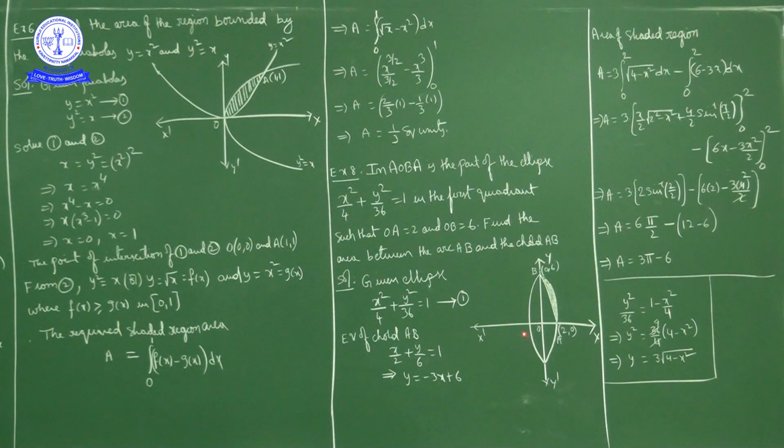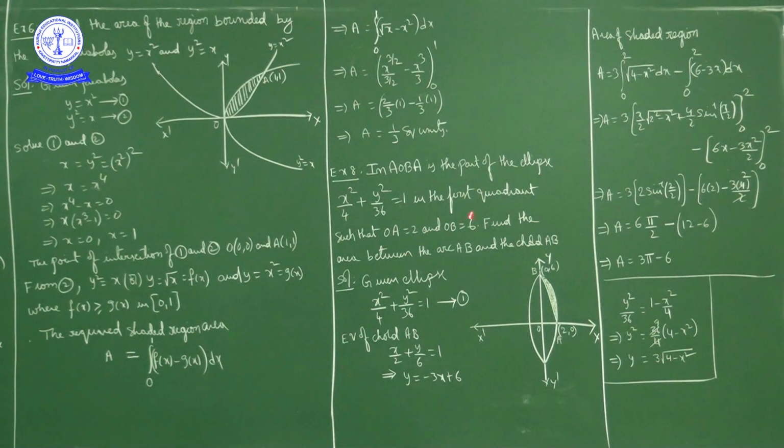So x upon 2 plus y upon 6 is equal to 1. By taking LCM and simplifying, we get y is equal to -3x plus 6. That is the equation of chord AB.